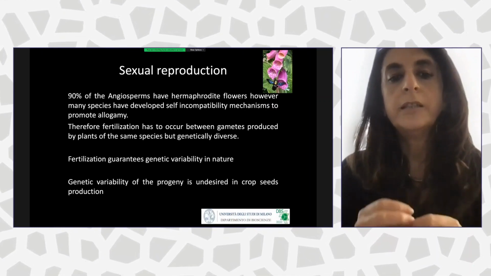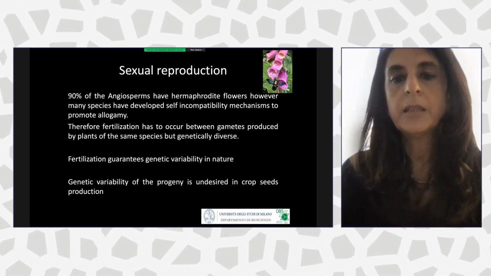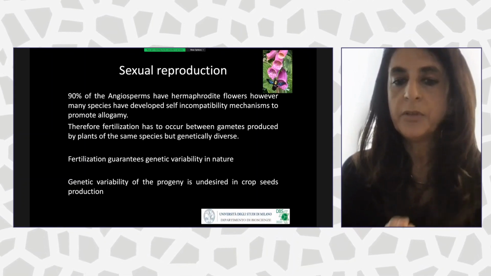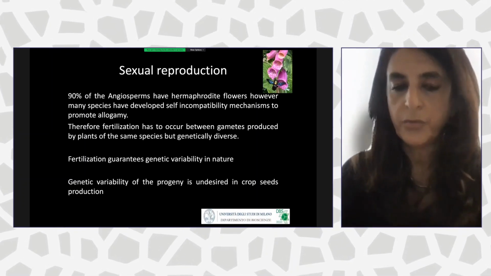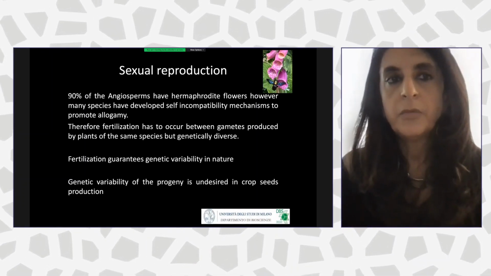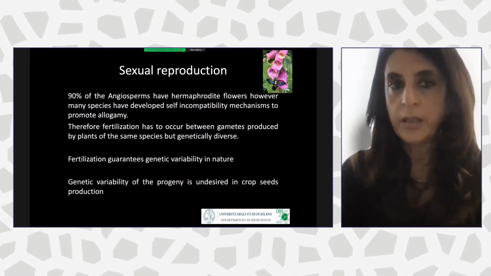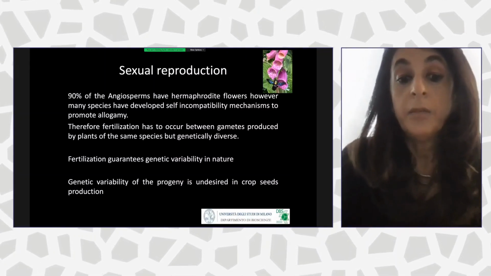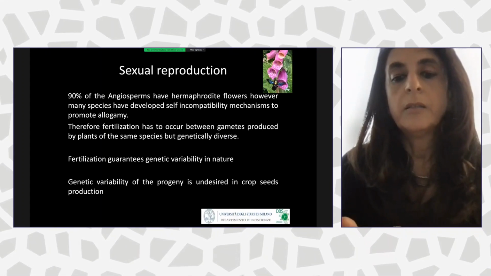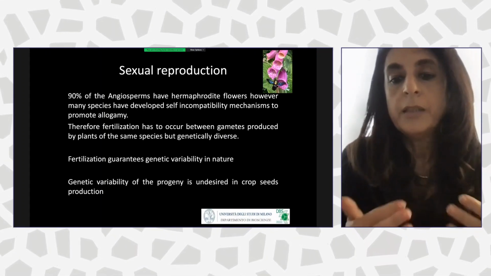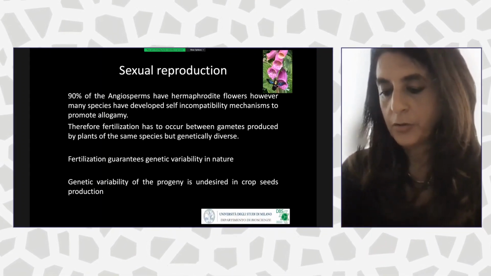Therefore, fertilization has to occur between gametes produced by plants of the same species, but genetically diverse. Fertilization in this way in nature guarantees genetic variability, but genetic variability of the progeny is sometimes undesired, for instance, in crop seed production.